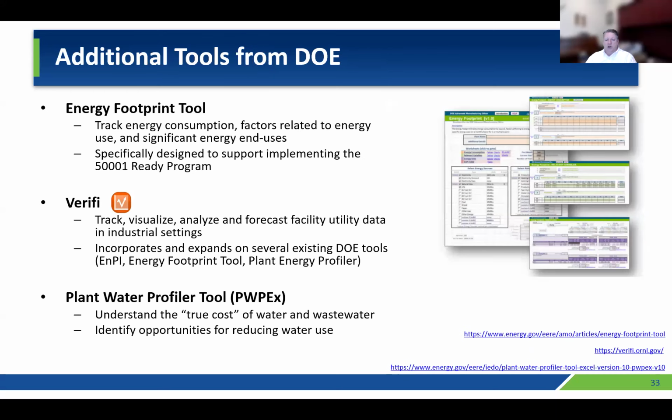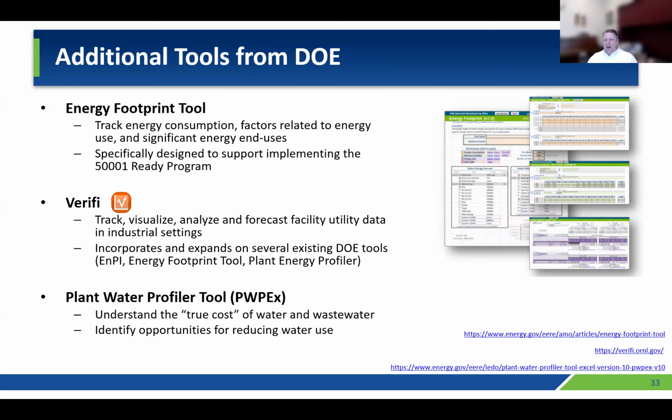I would also encourage you to consider using some of the more recent tools provided by the Department of Energy. The Energy Footprint tool in particular is an Excel sheet that's designed to help you track your energy usage.